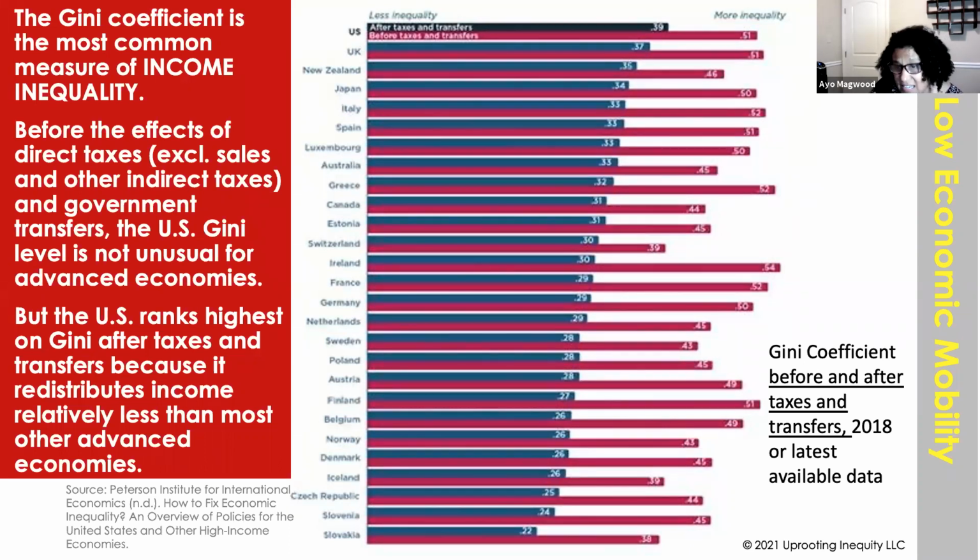You can see that before taxes and transfers, we have about the same level of economic inequality as all the other countries. But the huge difference is the blue bar, inequality after taxes and transfers. Just about all the other countries besides us do it a lot more than us. They're willing to do some redistribution in order to make their society relatively more equal.